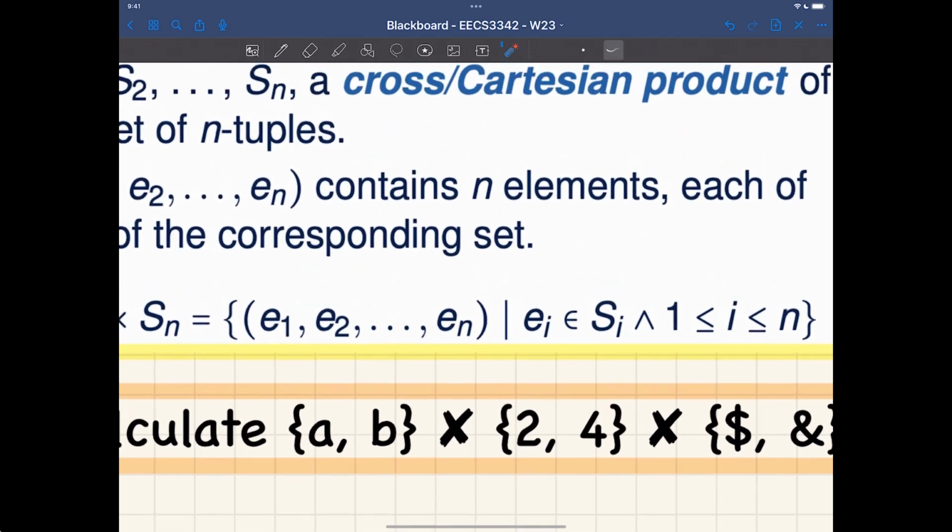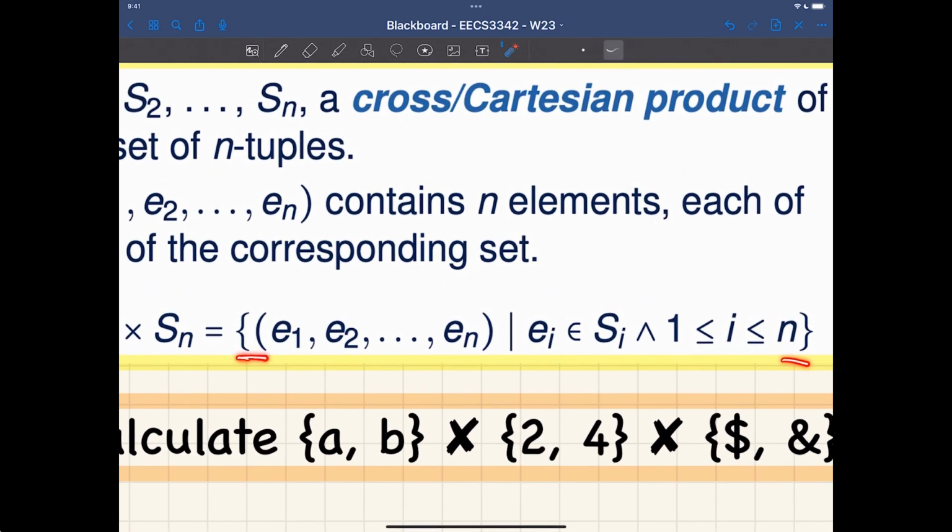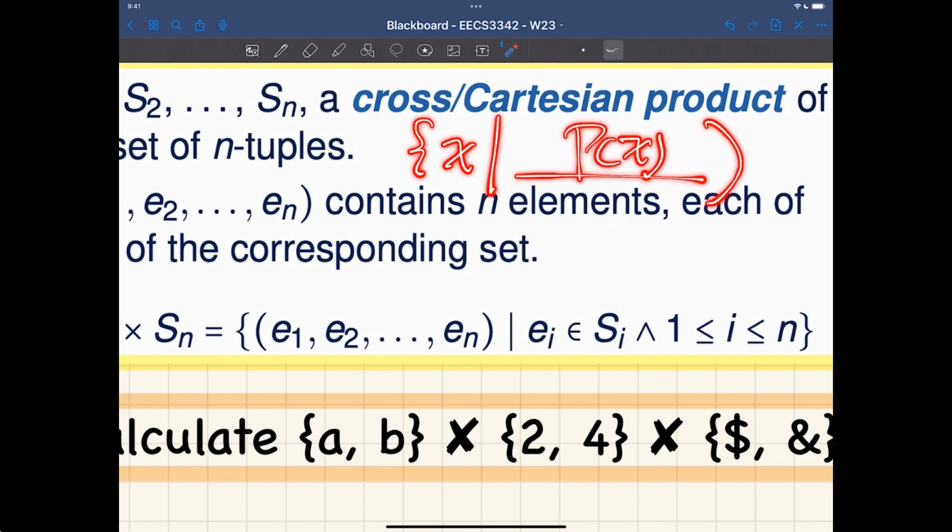This is a set comprehension notation. To the left of the vertical bar, we have something that looks funny. What we had before was something like all x such that there is some property that x should satisfy. Now, rather than just a single variable x, we have something that seems to be n different kinds of stuff. This is allowed in set comprehension.